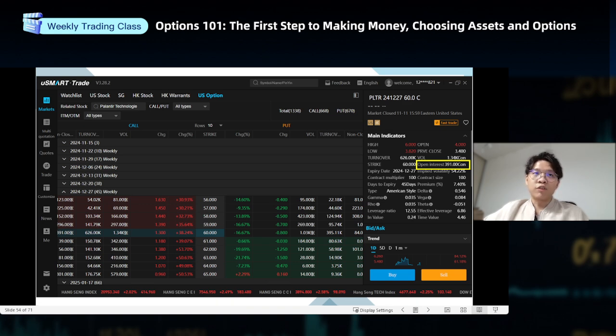The one that is going to expire in 1.5 months actually has an open interest of 391. So for us beginners who are starting low and cheap, this kind of open interest is already enough for us. Since you are not going to trade multiple contracts like 100 contracts, 50 contracts.